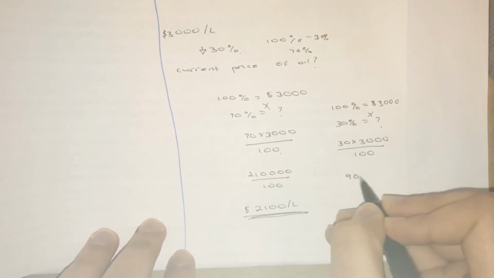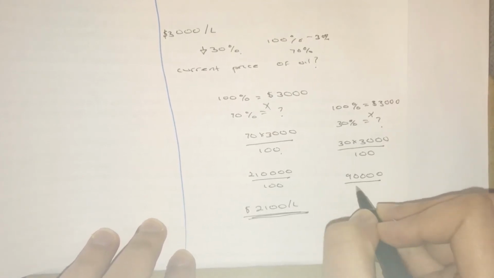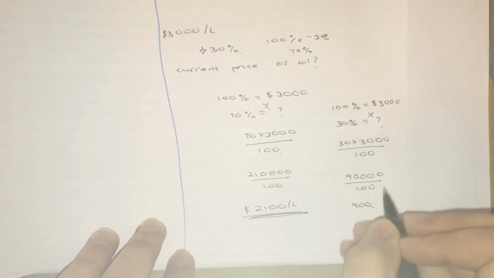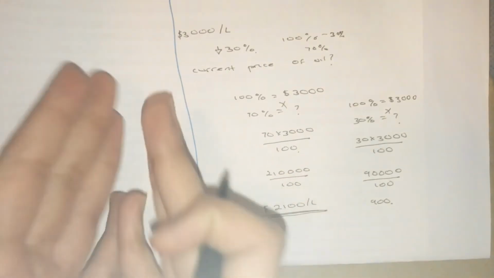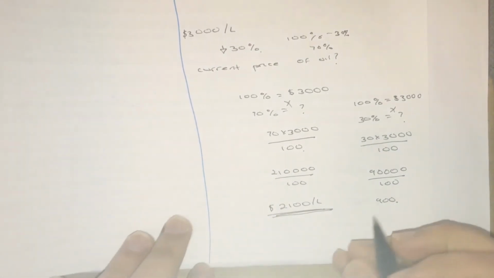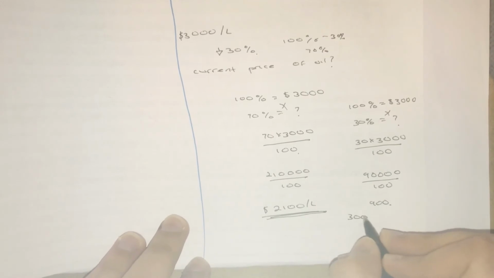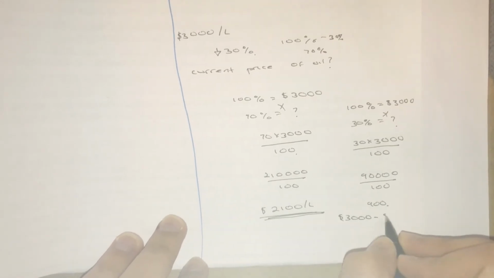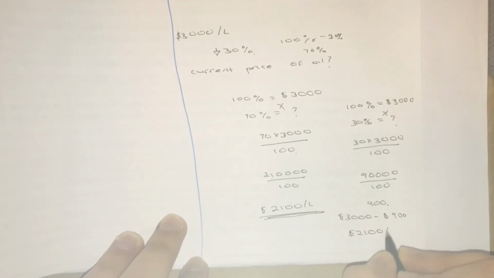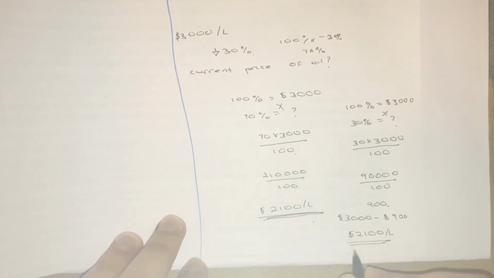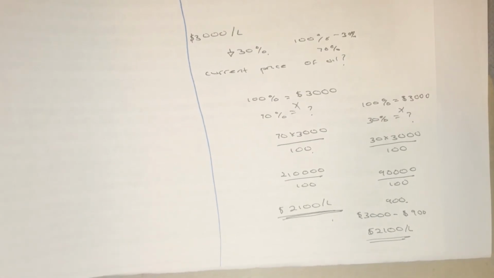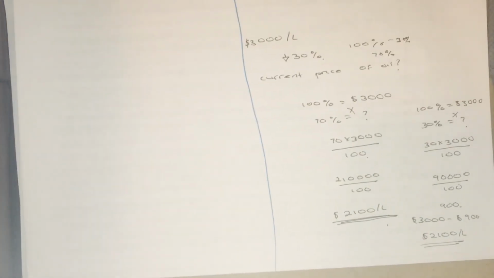You get 90,000 divided by 100, so that's basically 900. And then you take the 100%, the full amount, minus the reduction. So it's going to be $3,000 minus $900, so you get $2,100 per liter. You got the same answer. Did you see that? It's the same thing, just a different approach. You can use the one that's more convenient for you.